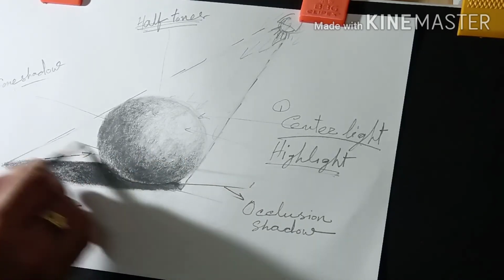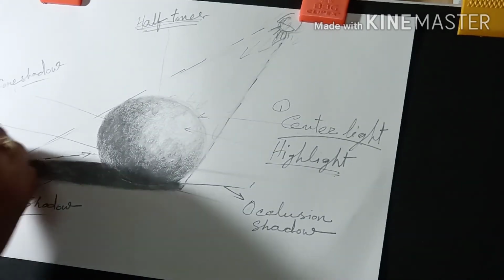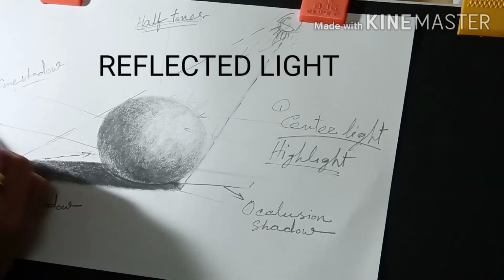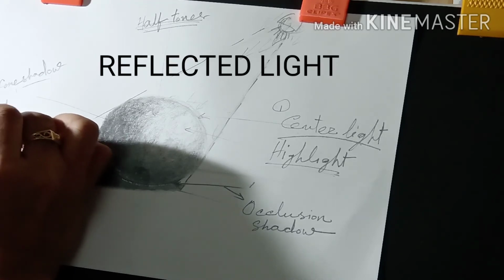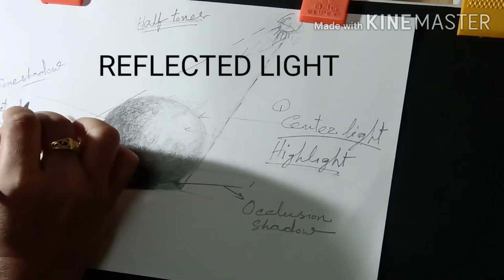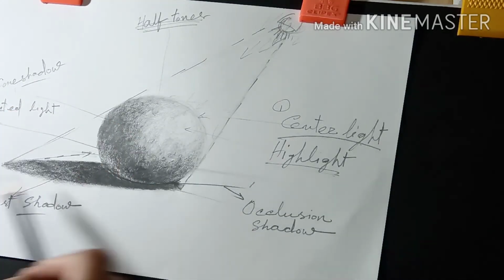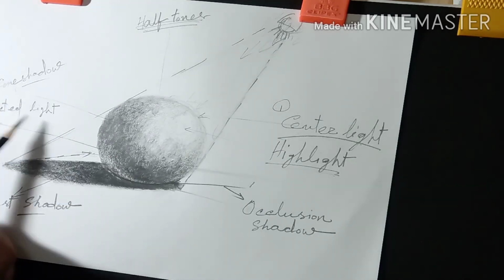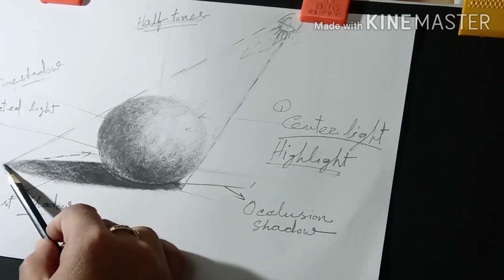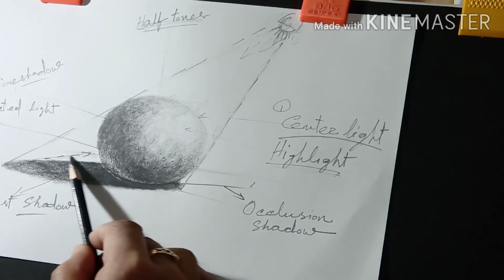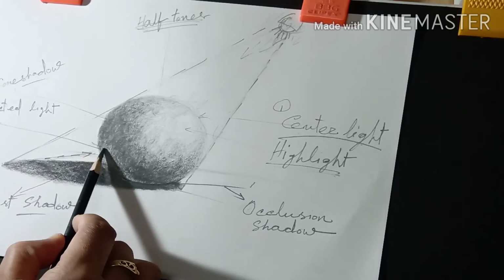It is reflected light, because we cannot see any source light from this angle, but this light is coming from this angle and it will create one reflection, and for this reflection we can see this shadow.